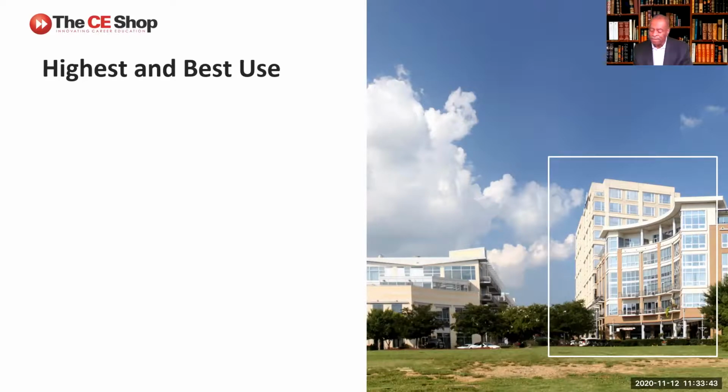For example, if you have a restaurant, it's unlikely that that restaurant is going to be used for housing. One, it does not have the amenities to be a house. Two, the zoning is not going to allow it. And thus the highest and best use for that property is probably going to be a restaurant.